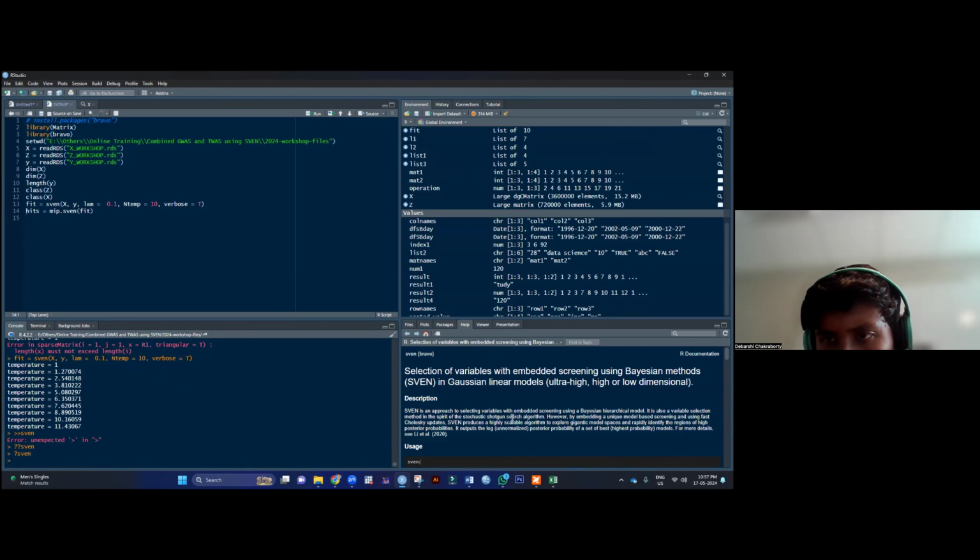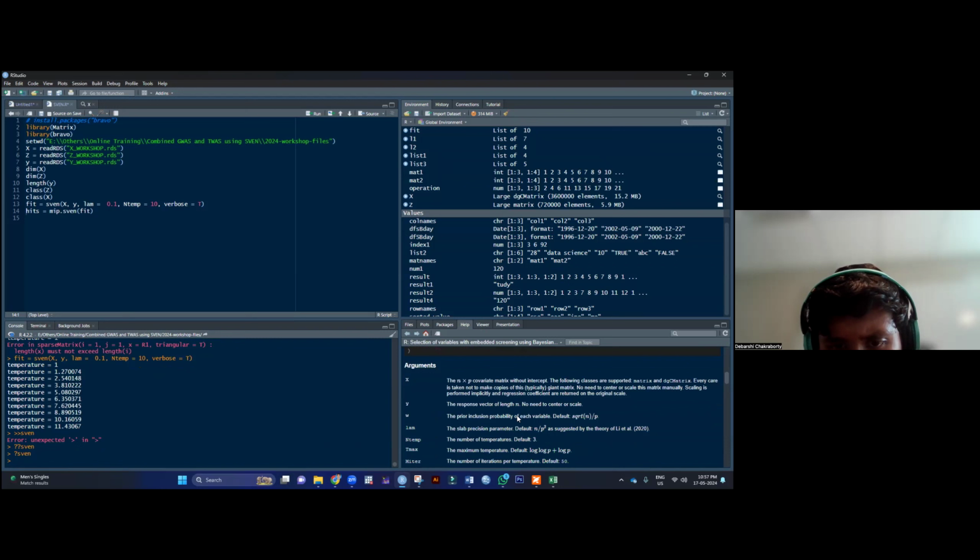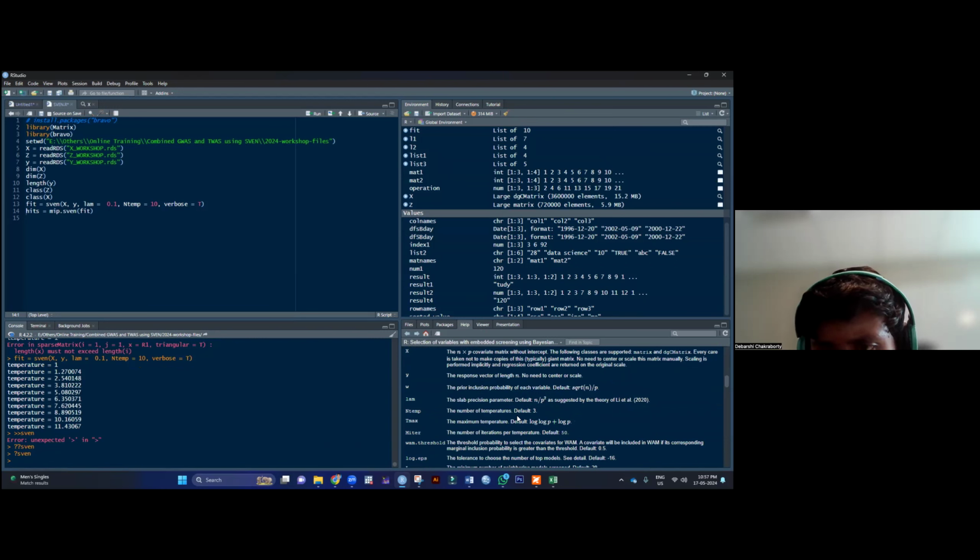Now can you scroll down a little bit more? I think it's the older version of SVEN, which doesn't support two matrices, because if you see the description of X, it shows the N cross P matrix without intercept. The newer version will say that it needs a list. So I recommend you to uninstall SVEN and install it again.